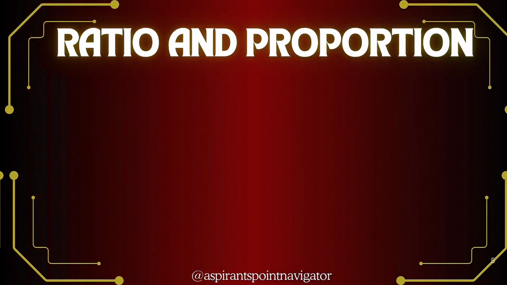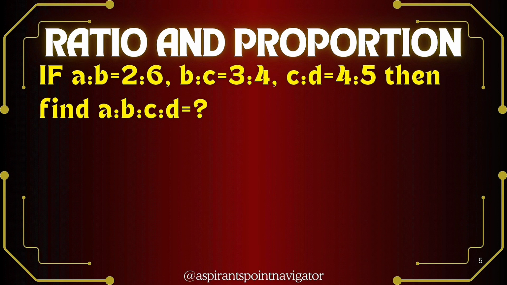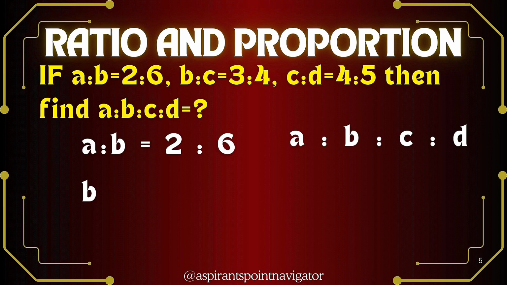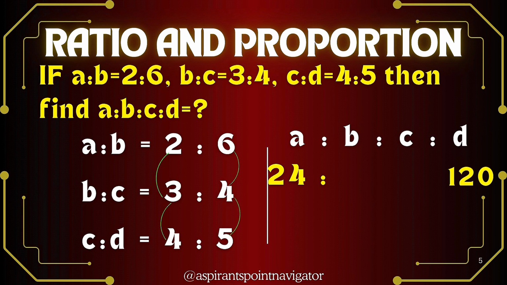Now, let's try the shortcut trick for the same question. We know a:b equals 2:6, b:c equals 3:4, c:d equals 4:5. So, multiply first. 2 into 3 equals 6, 6 into 4 equals 24. This is for a. Next, 6 into 4 equals 24, 24 into 5 equals 120.